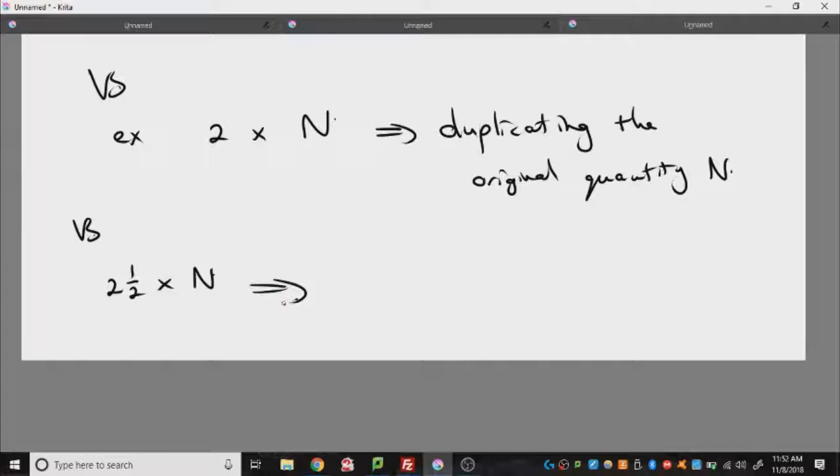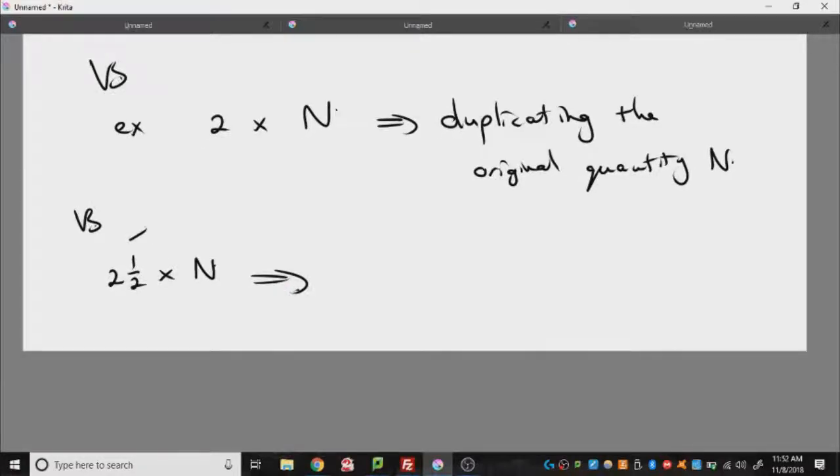So the whole number portion, the 2, says I'm going to double my quantity, whereas the half says I get another half of the quantity on top of that. Because, though we don't necessarily show this, this is 2 plus a half. So I can do the 2 first, which doubles the n, then I take a half of the n, and then I put them together.